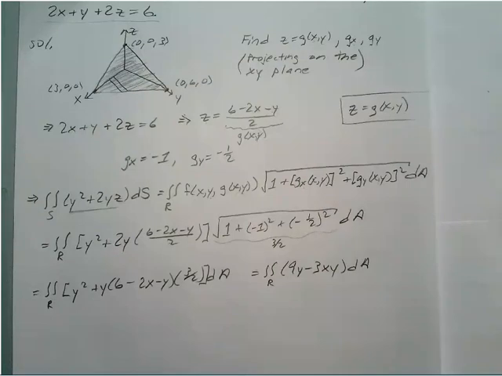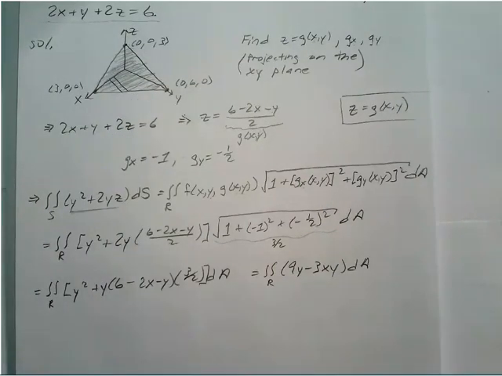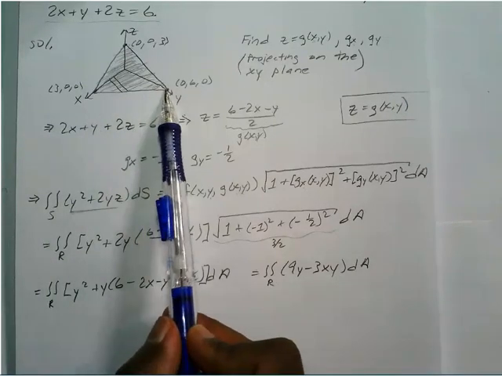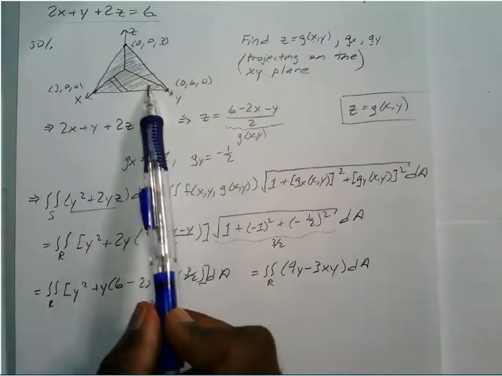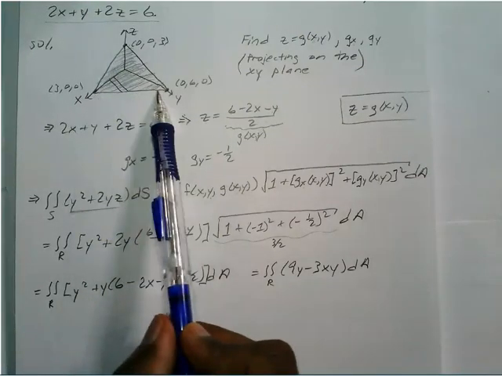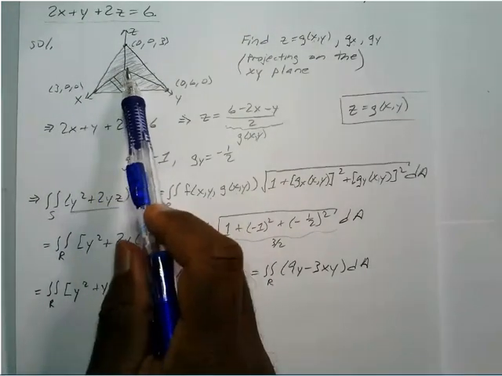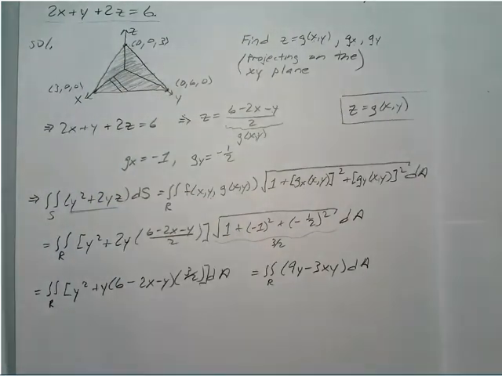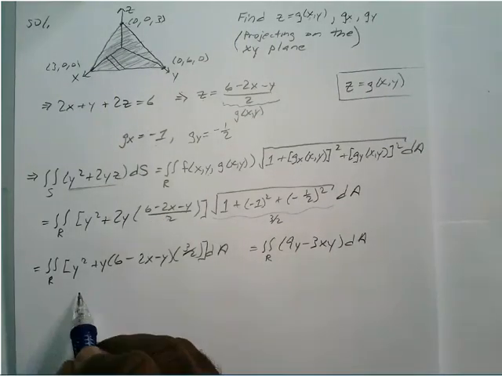Now this next part is where the image comes in handy. Because we're looking at the xy plane, we're going to graph this little triangle on the xy plane. We know on the x-axis it goes from 0 to 3, and on the y-axis it goes from 0 to 6. So just go ahead and jot that down.